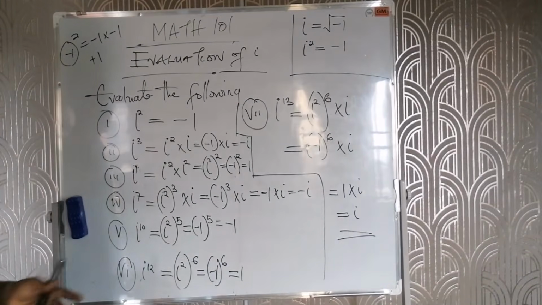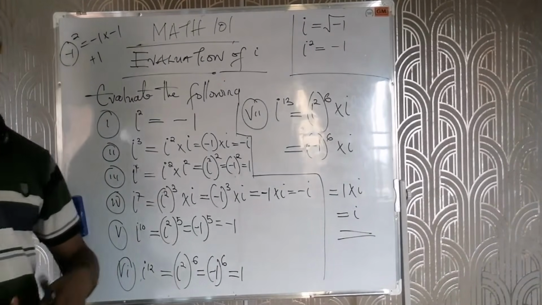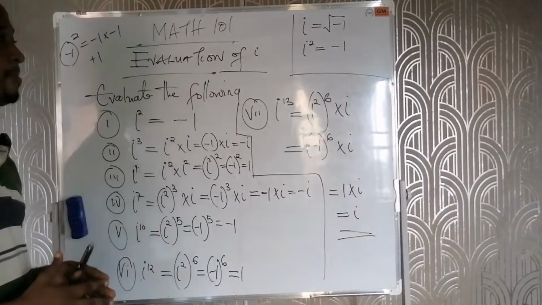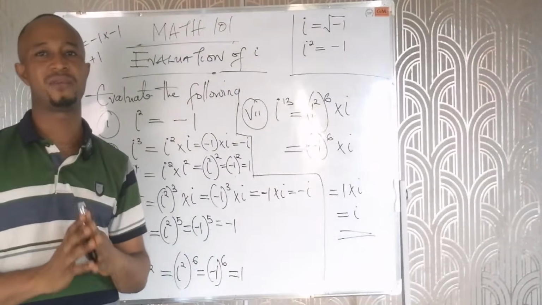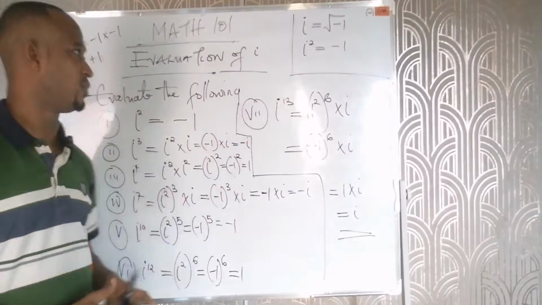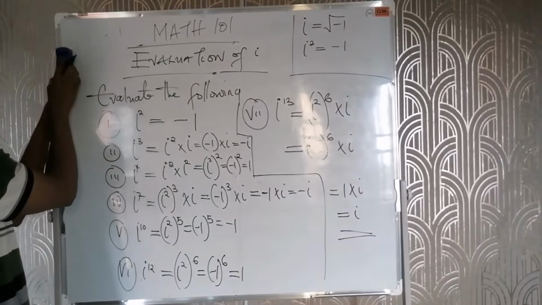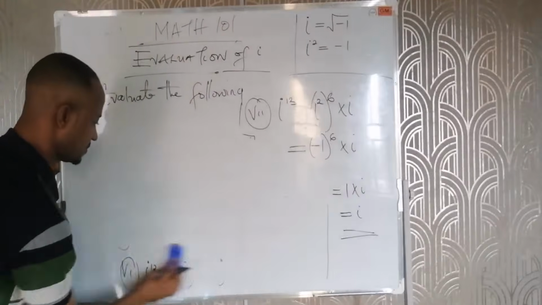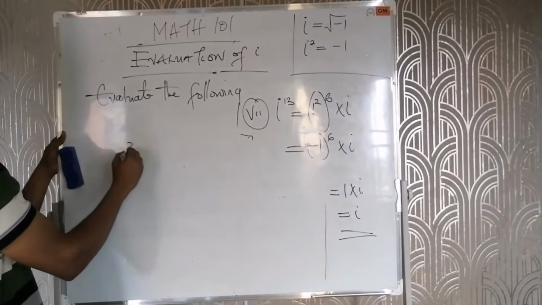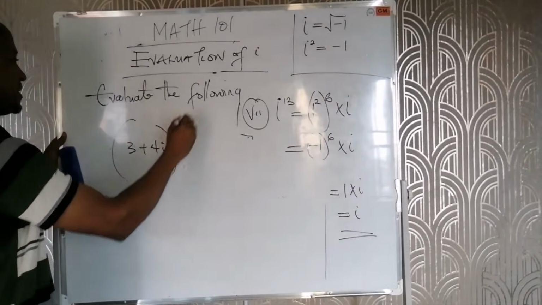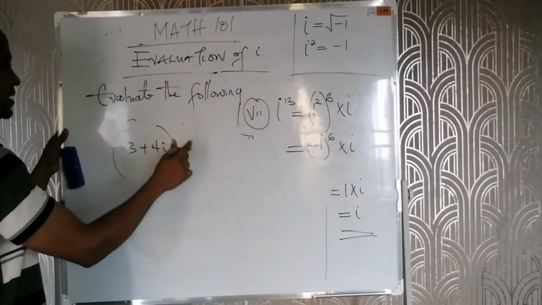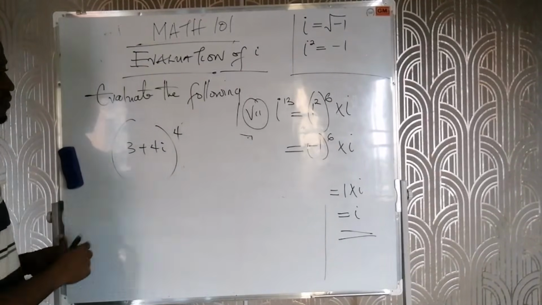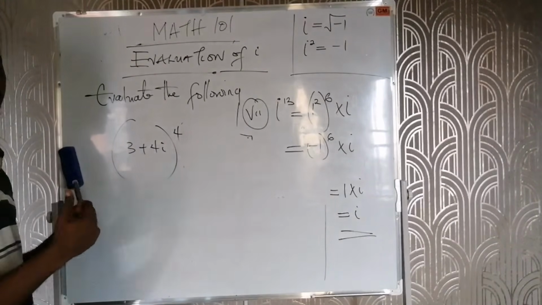There are many of them. We can evaluate i raised to power 20, i raised to power 35, i raised to power 100, i raised to power 50, and the rest. Why I'm showing us how to evaluate i is that there are some aspects of complex numbers where we have to use binomial expansion. For example, if I have 3 plus 4i, all raised to power 8, or let's say power 4, then after expanding this, I will need to adopt the principle of evaluation of i to simplify further.